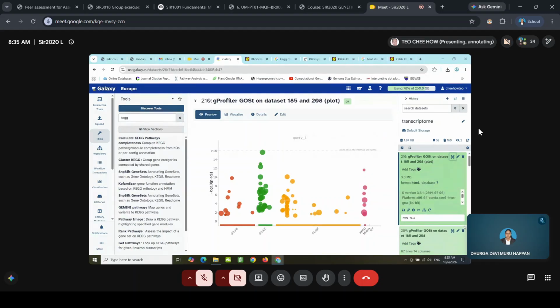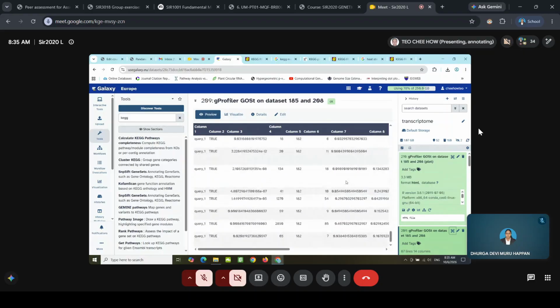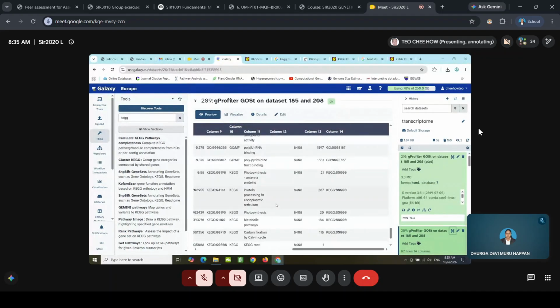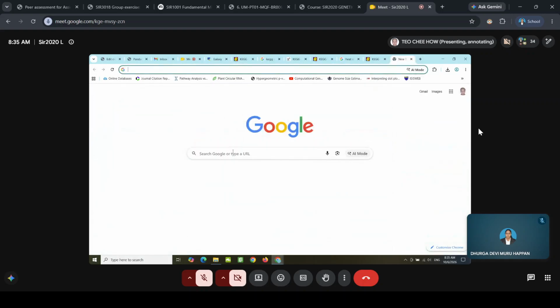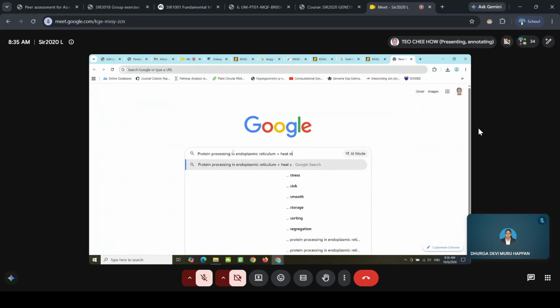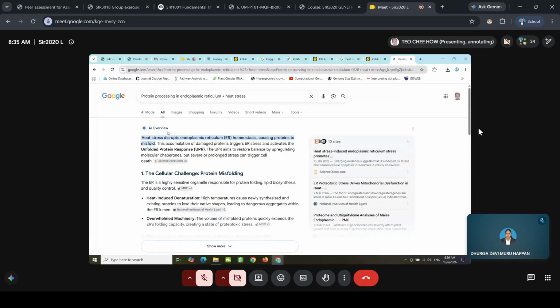So in here, you see that KEGG, I think it's at the lower part. Okay, for example, this one. You want to know how the genes are involved in heat stress, right? For example, heat stress disrupts ER homeostasis, causing proteins to misfold.